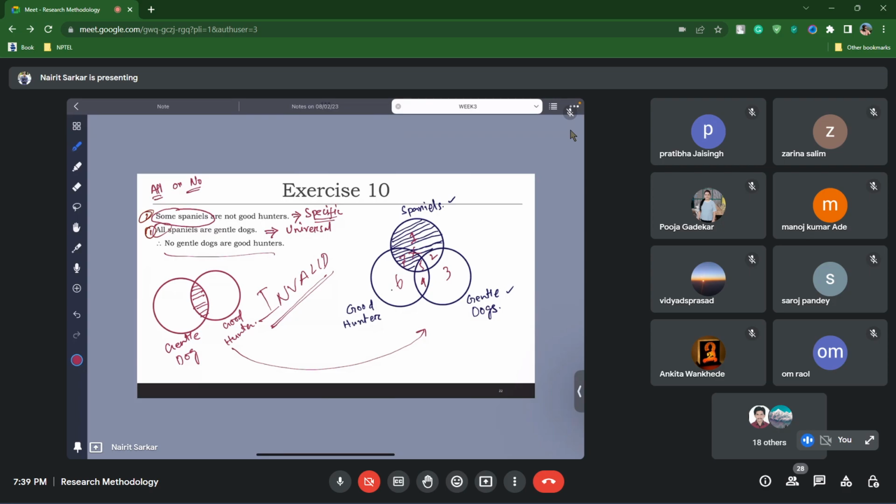So from specific and universal, you cannot have anything which is universal only, because once you go from universal to specific, the conclusion should be specific only, like with some.